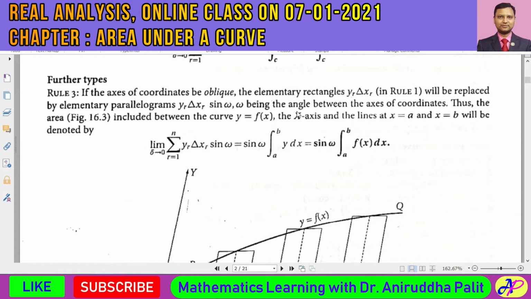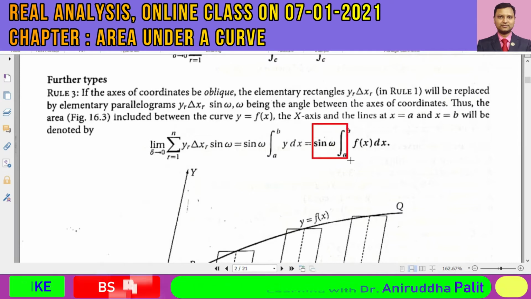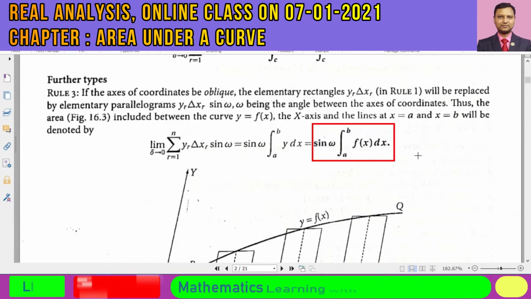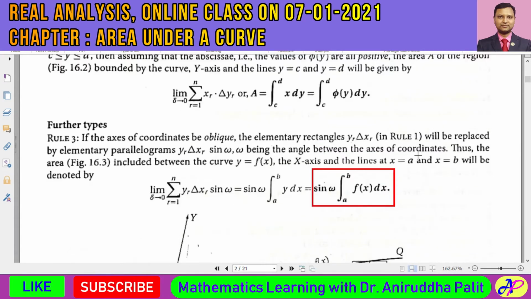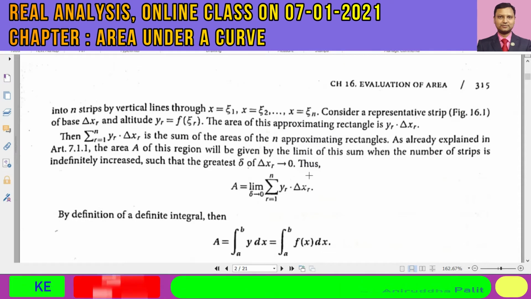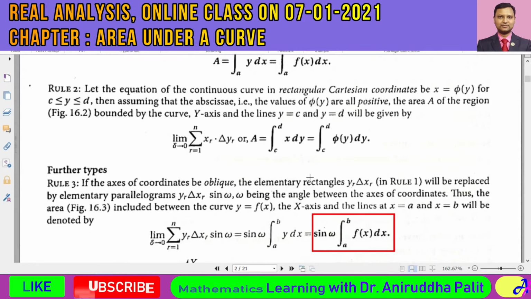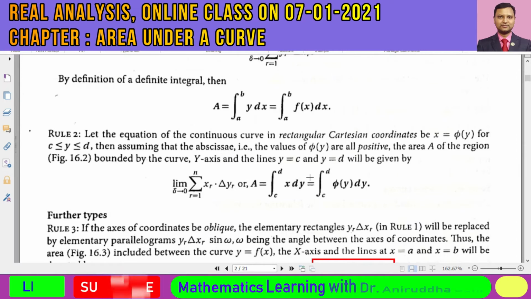The formula is integral a to b f(x) dx times sine of omega. That would be the formula, and the detail has been written over there. You don't need all these details, just you need to know the formula.